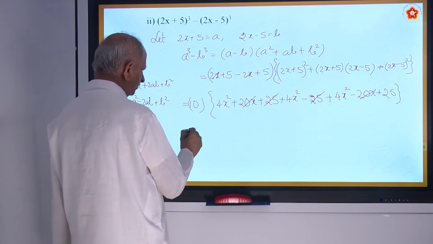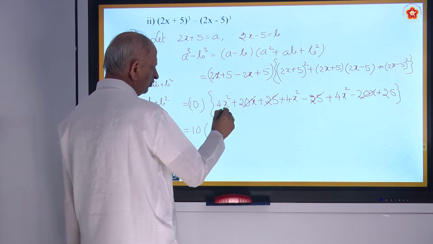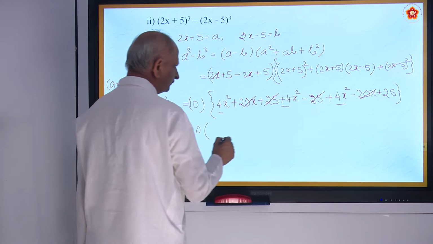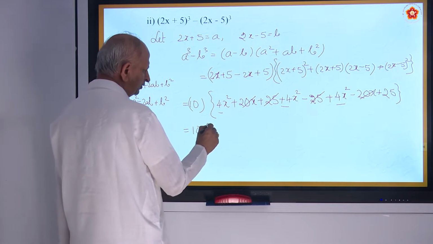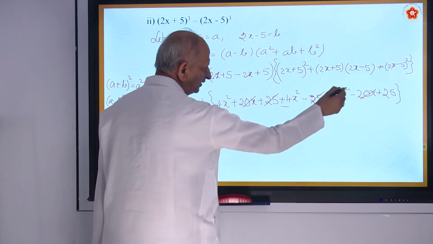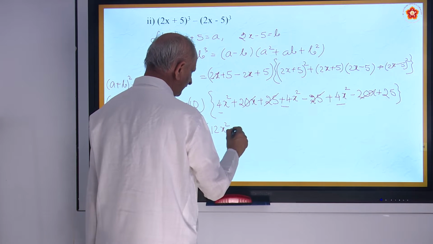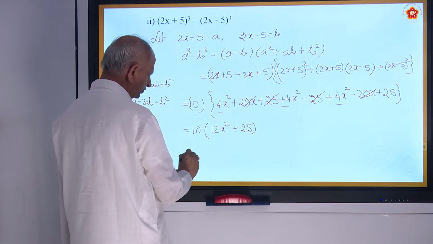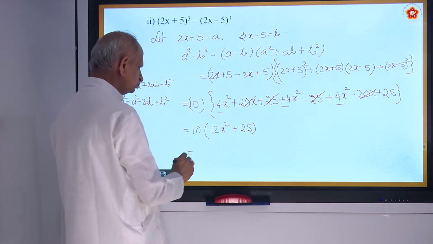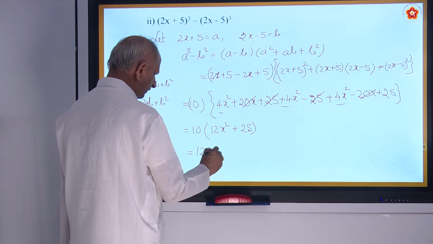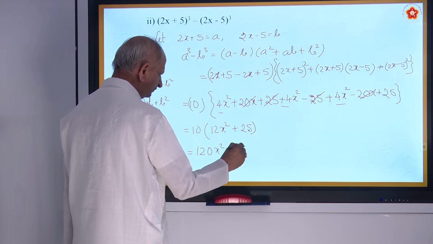So you have 10 into 4x² plus 4x² plus 4x², 8 plus 4, 12x², and then what remains there? 25. So the answer is reduced to 120x² + 250.